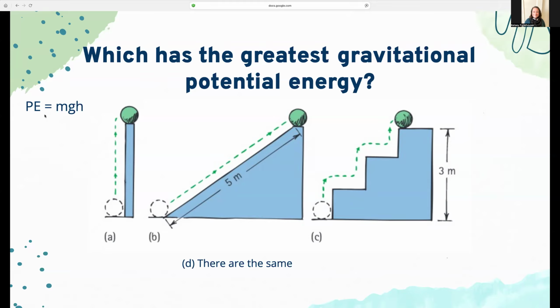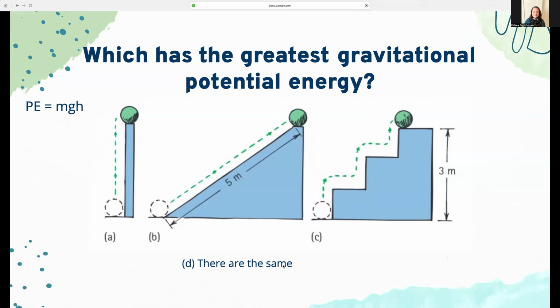And remember, gravitational potential energy is mgh, and we're assuming these balls all look the same for the most part. So we're assuming the mass is the same for all of them. And we know acceleration is the same for all of them, gravitational acceleration. So the only thing that might be different is the height, and we can see that actually no, the height is the same for all of these.